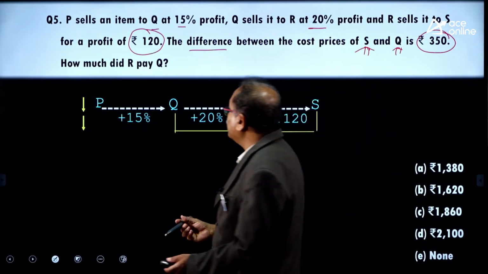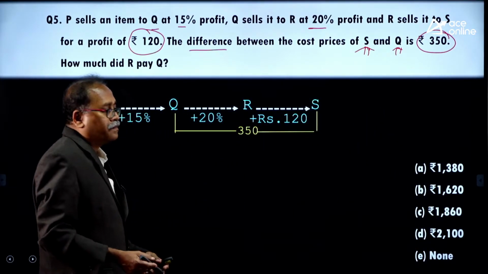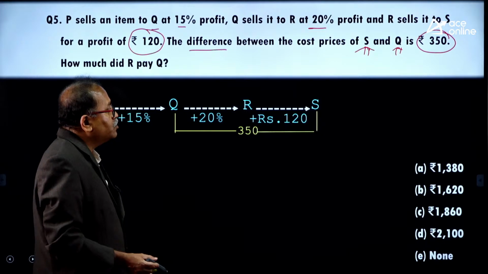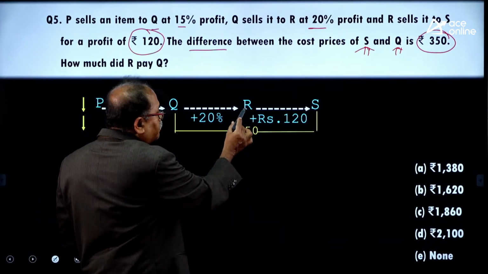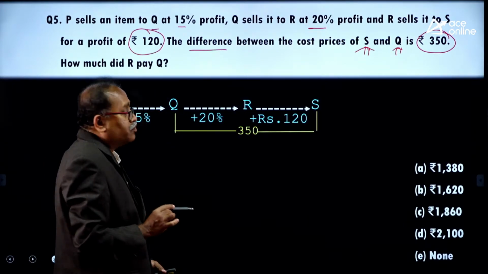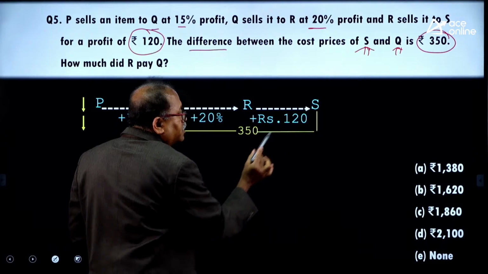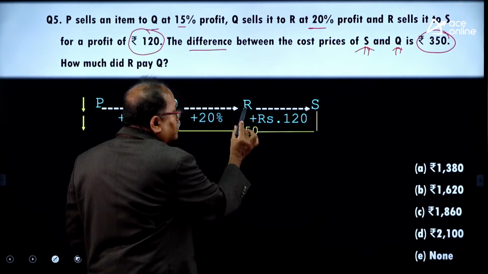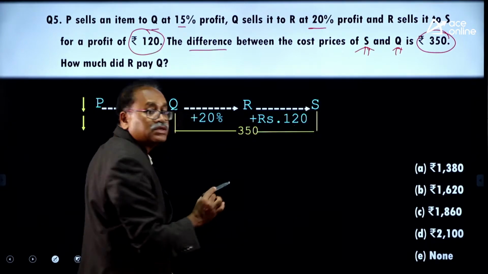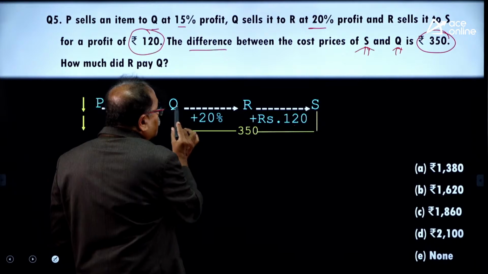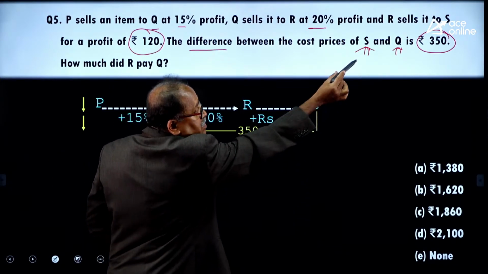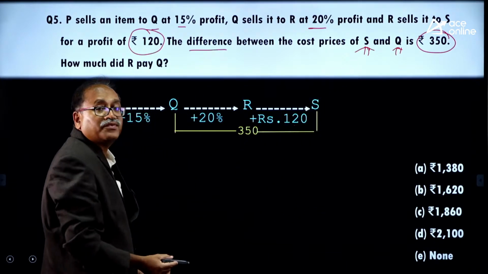Yes. How should I move on over here? Shall I give some clue? So, what is the profit of Q? Here 120 is the profit from R to S, and the total profit from Q to S, which is given in the question, is 350.